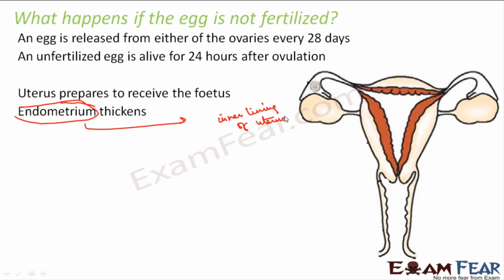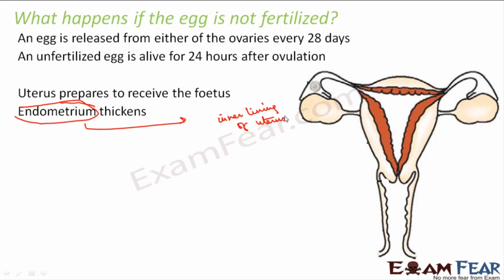At the same time, it gets richly supplied with blood, because the blood of the mother's body contains all the nutrients, so that blood can give the nutrients to the embryo and help it grow in a nice way. So this is the preparation which is done by the uterus.